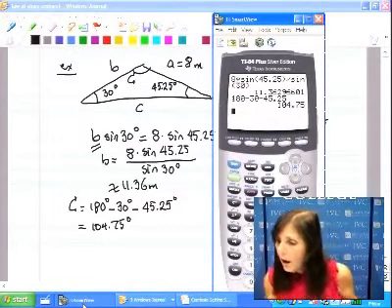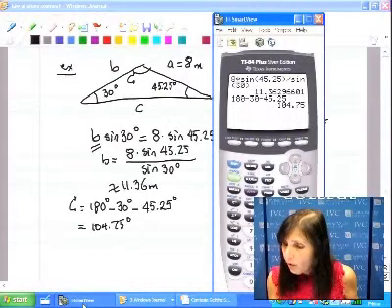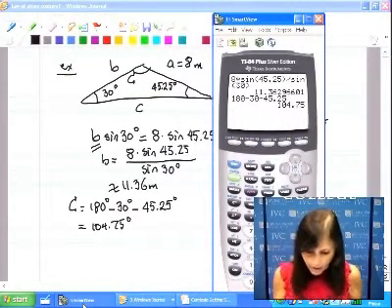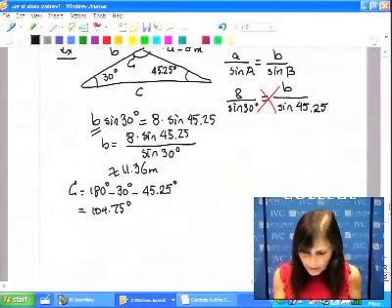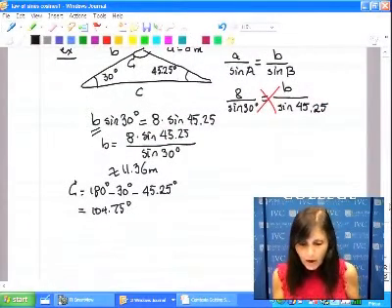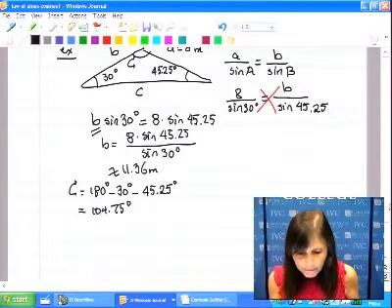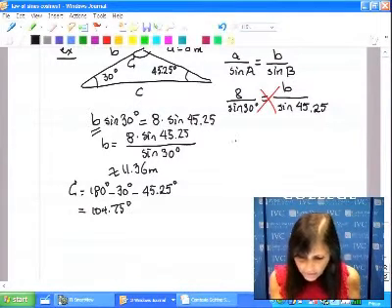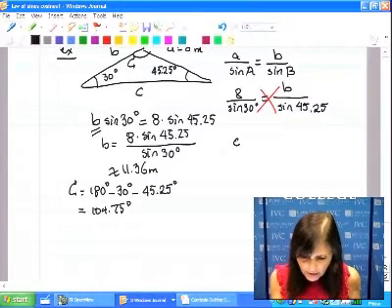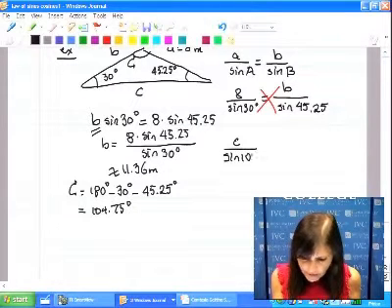All right. You can actually go and solve for another side, for example. I want to have that angle in there. You can say, all right, since I know the C, I can write little c over sine of 104.75.